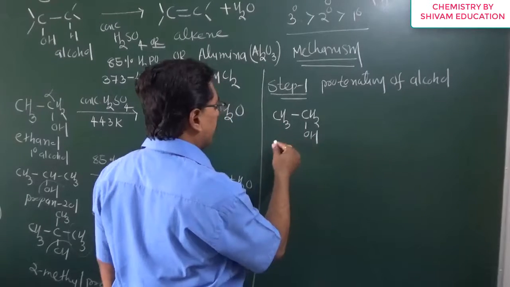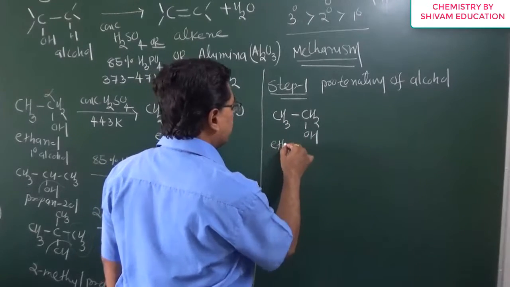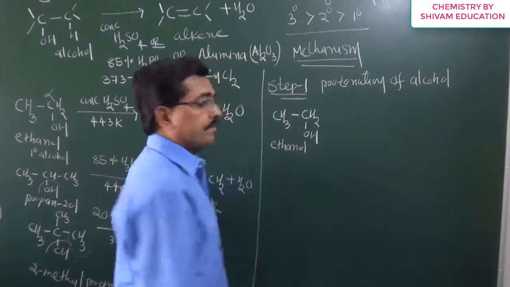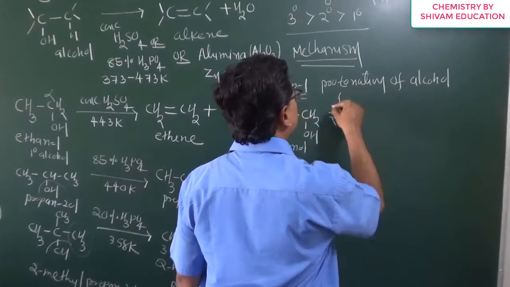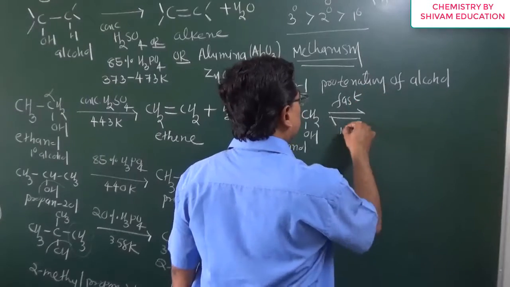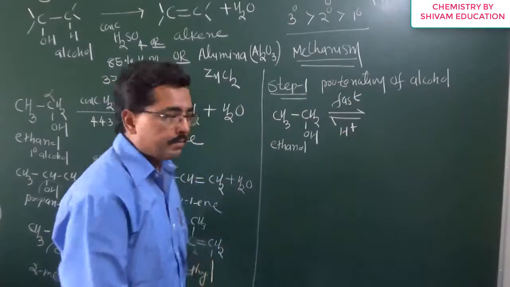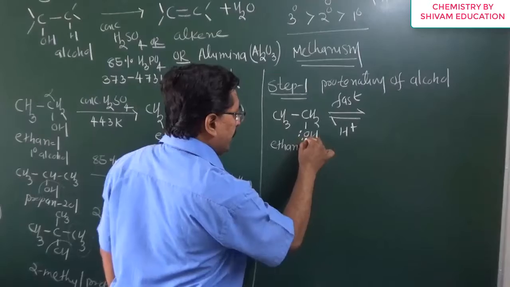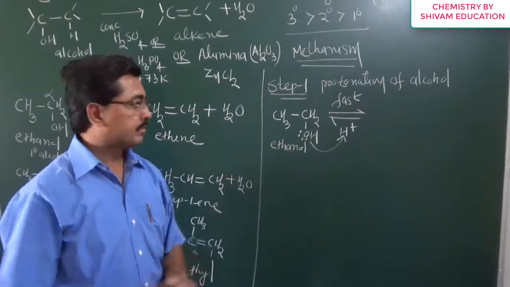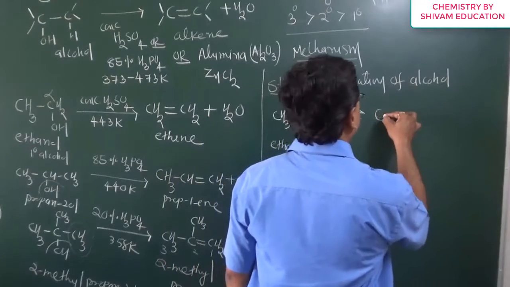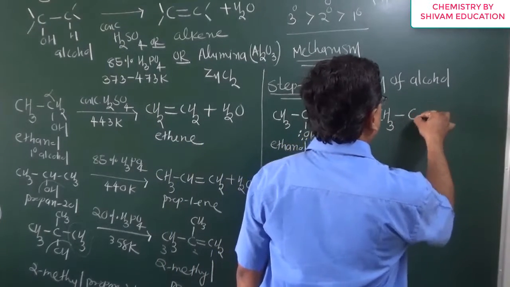Suppose as alcohol I have taken a primary alcohol, ethanol. Now in the first step it undergoes protonation. It is a very fast step. Our medium is acidic. In acidic medium, this oxygen having a non-bonding electron pair donates to H, and as a result we get this type of structure.